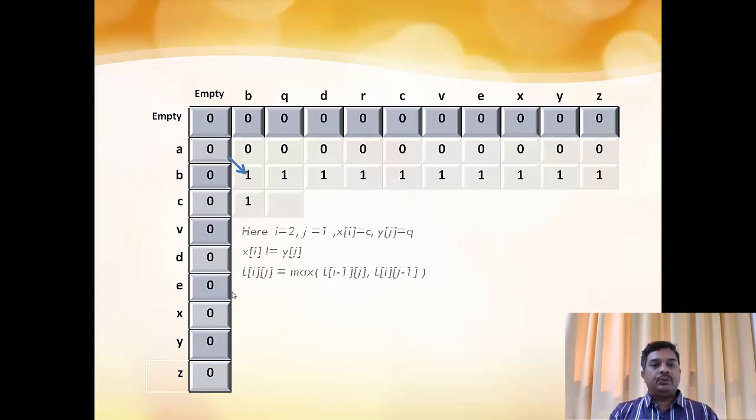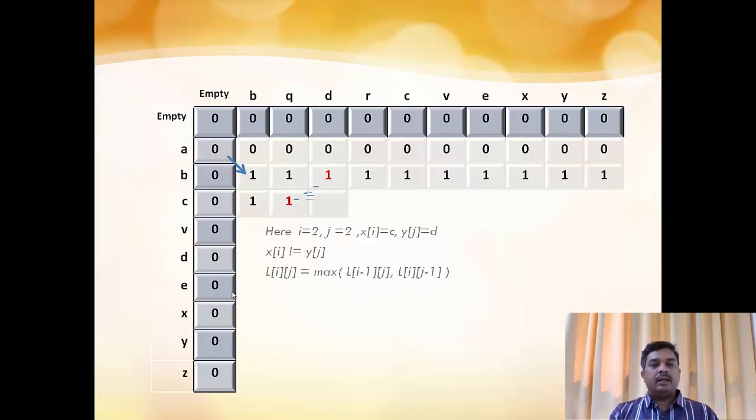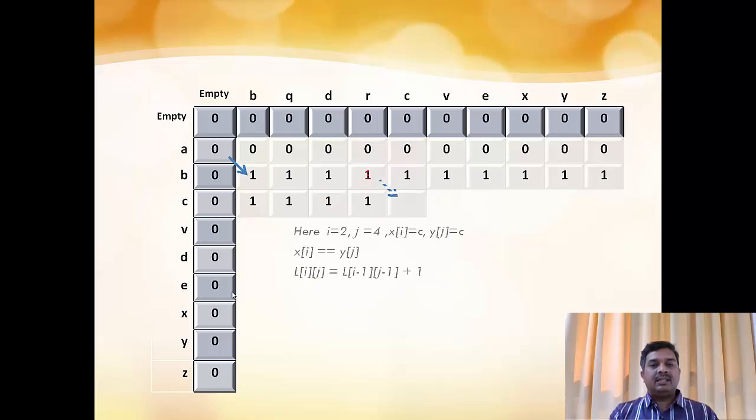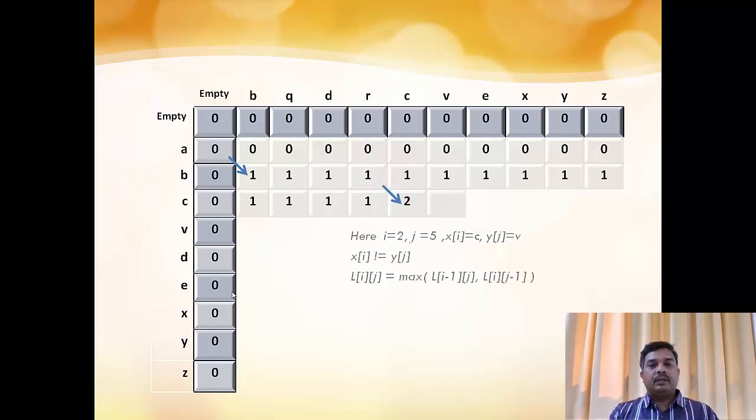Now C and Q, C and D, and C and R are not same, so we are taking maximum. Now you see C and C, they are same, so we take the immediate left-hand top corner element and add 1 to it. It becomes 2 and we'll keep pointing the arrow mark.